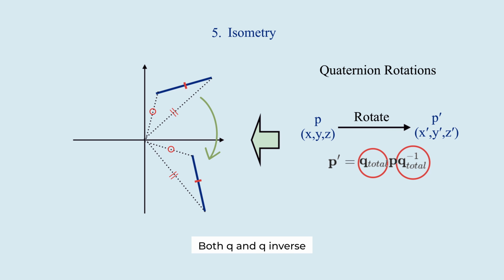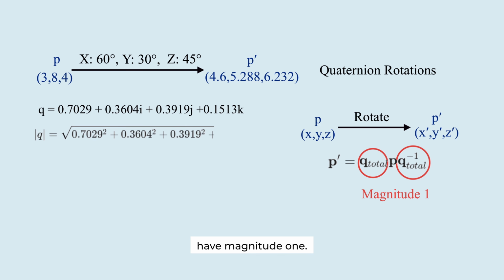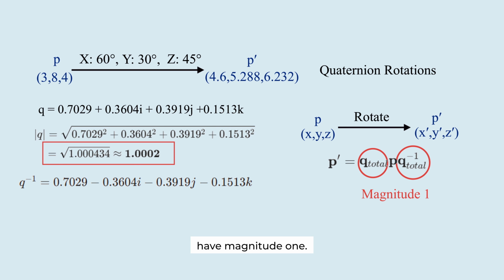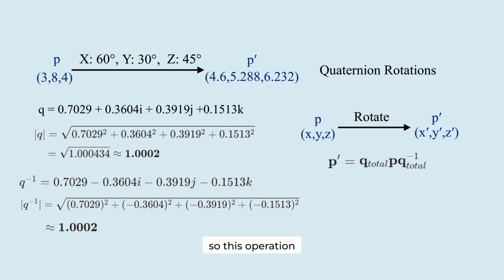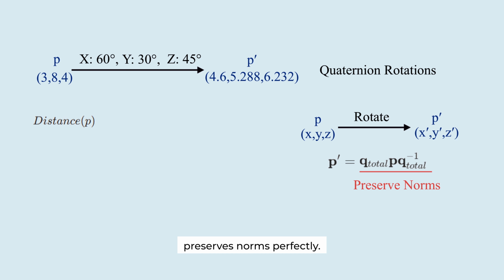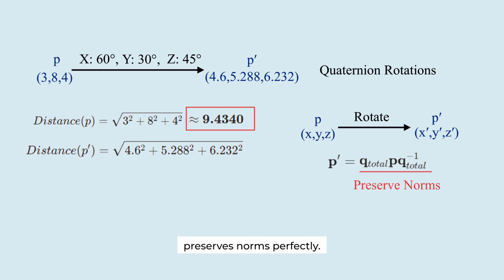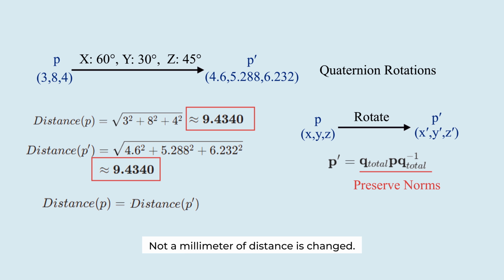Both q and q inverse have magnitude 1. They are unit quaternions, so this operation preserves norms perfectly. Not a millimeter of distance is changed.